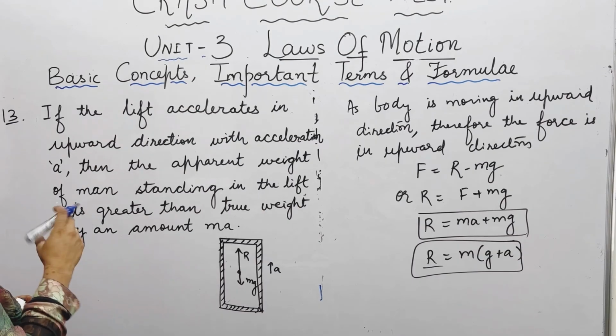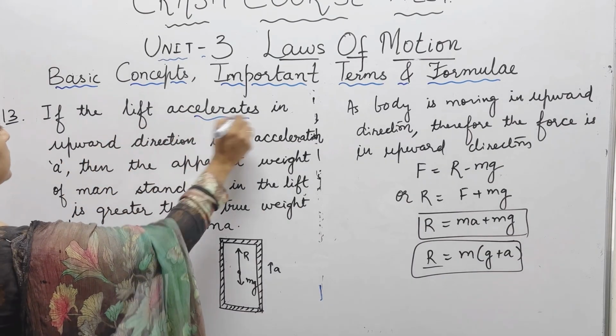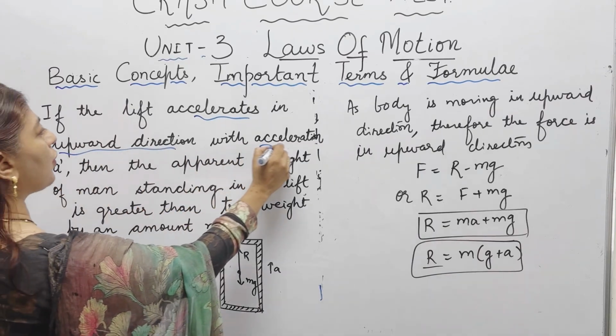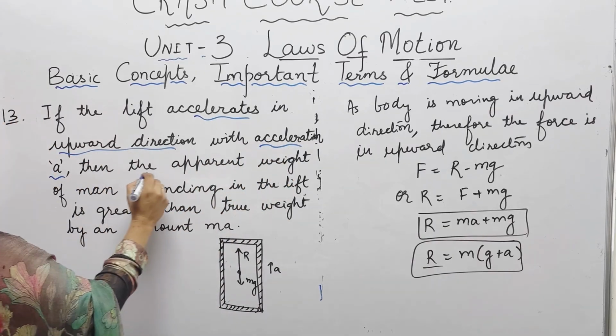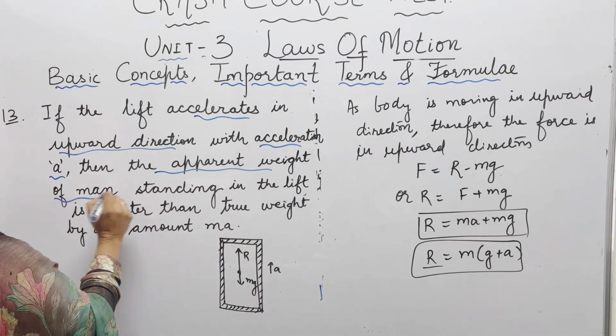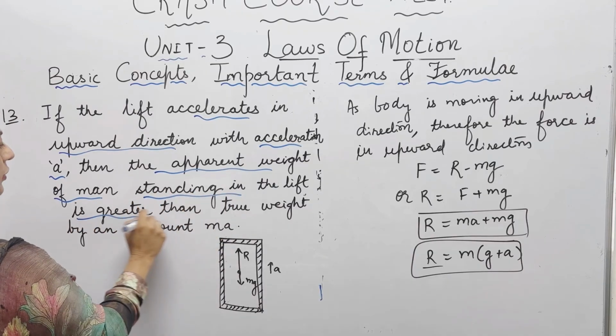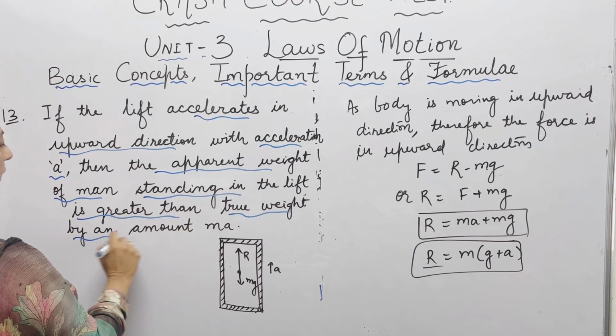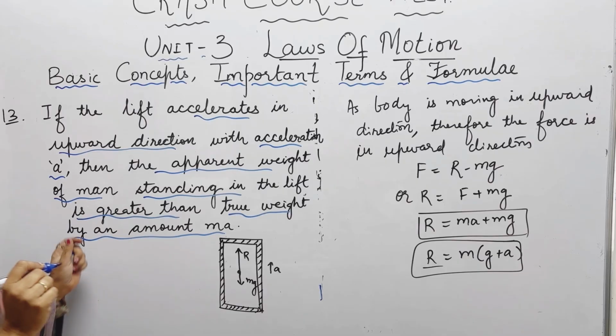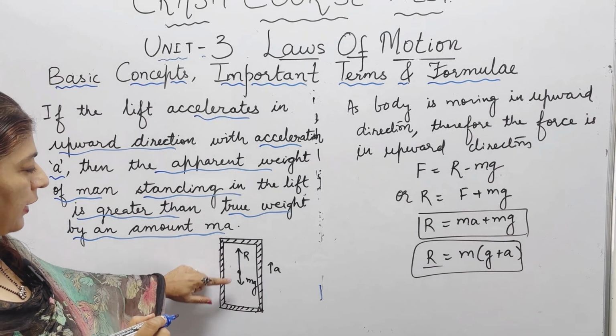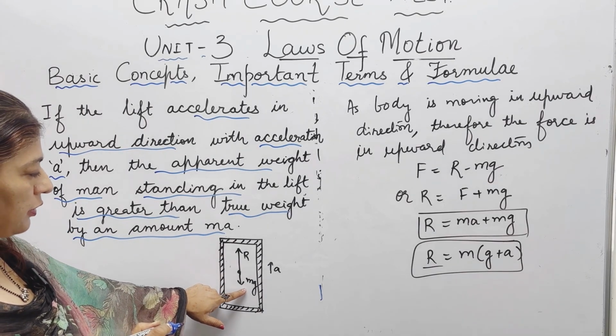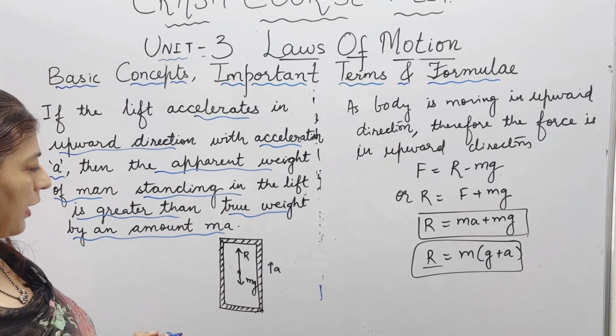Now the 13th point: if the lift accelerates in upward direction with constant acceleration a, then the apparent weight of a man standing in the lift is greater than the true weight by an amount ma. See here, the reaction is in upward direction and the force of the weight is in downward direction, mg.